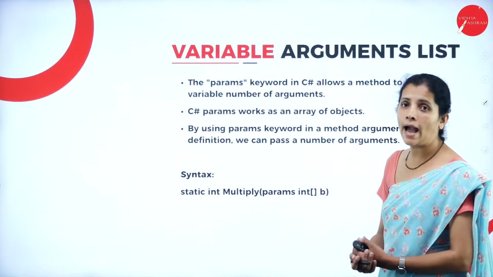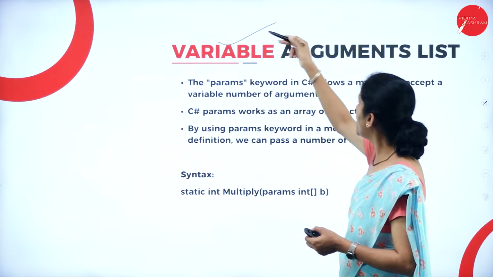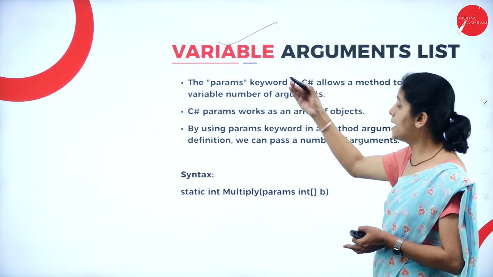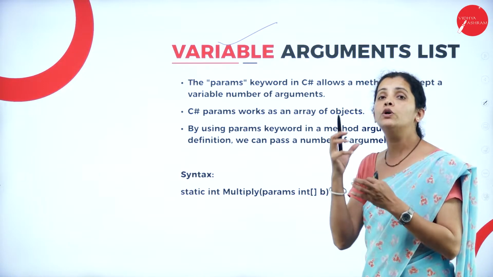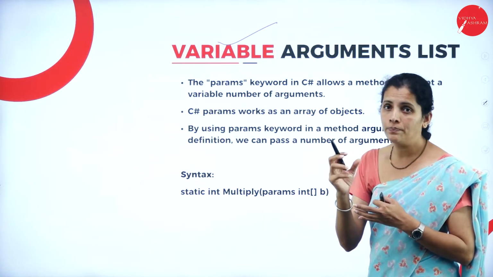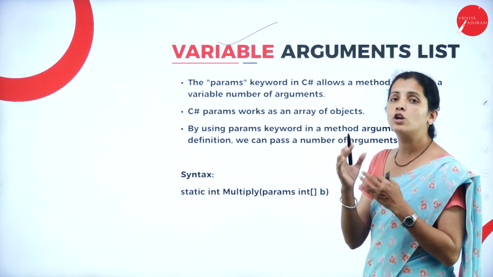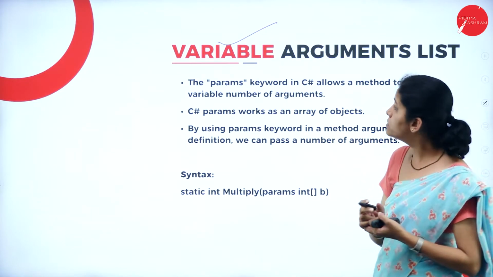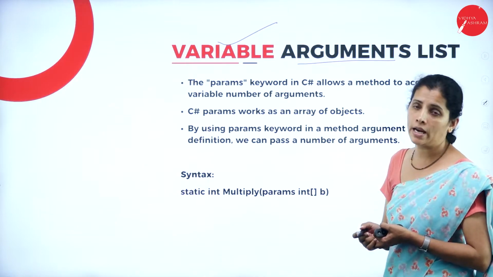Now I'm going to have another topic of the day, that is variable arguments list. So variable means the argument list is going to vary according to the programmer's need. The values are going to vary, and what kind of values? Arguments are going to vary.